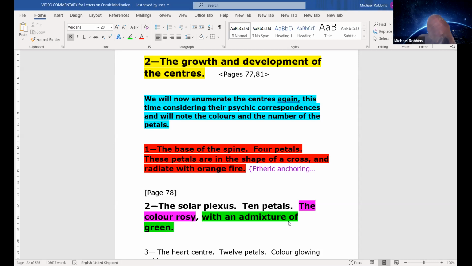The ajna is interesting because it can be involved maybe as a directing center in any of those stages. The ajna can integrate the selfish personality. At the same time, it has a connection with the true ego, the true spiritual triad or true ego.